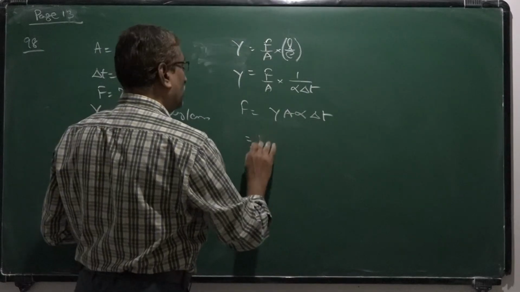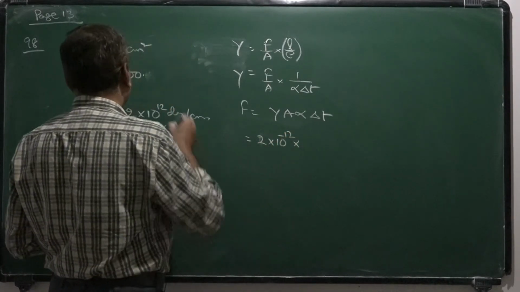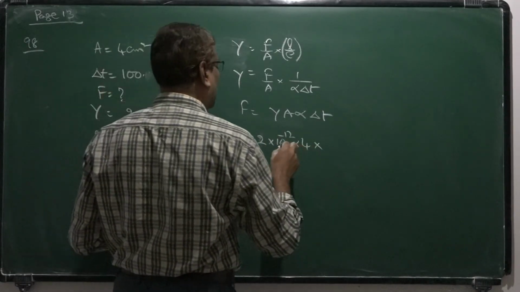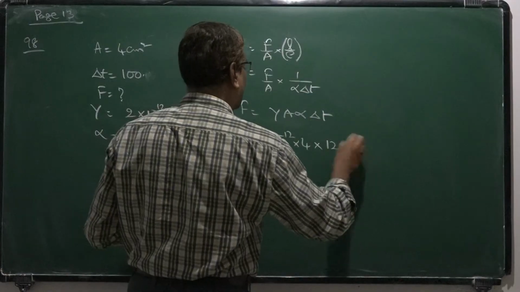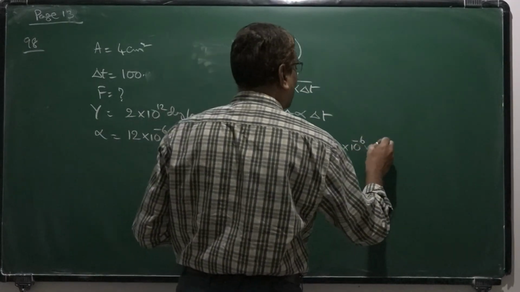So that is 2 into 10 to the power 12, the area of cross section is 4, alpha is 12 into 10 to the power minus 6, into change in temperature 100.